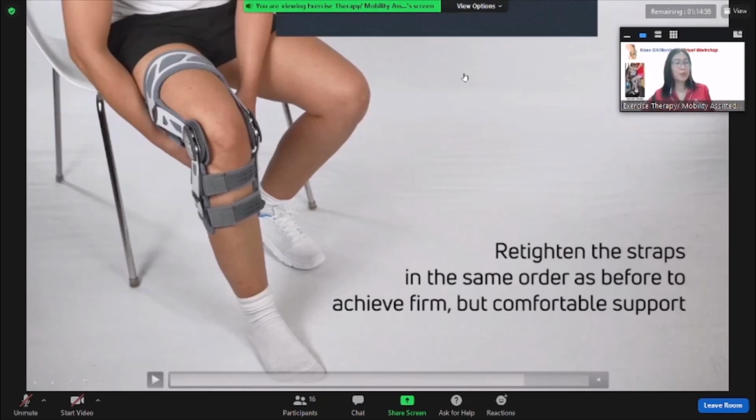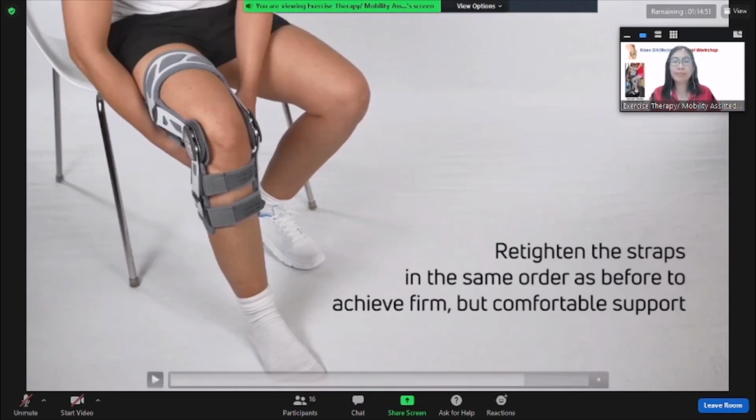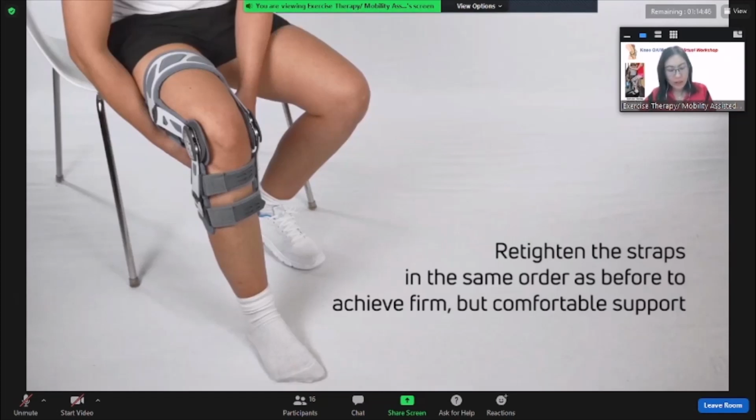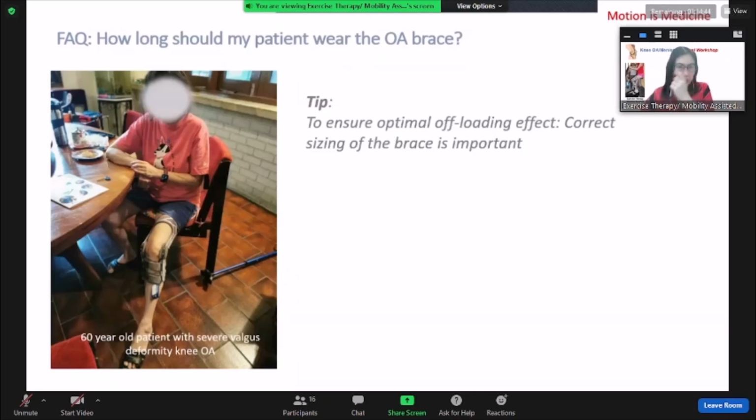Any questions before I move to one of the FAQs that we also encounter? Okay, if not, the other question that we usually encounter is the duration of using the brace. Okay, so we would like to also share with you that to ensure the optimal offloading effect while using the brace, the correct sizing is very important.